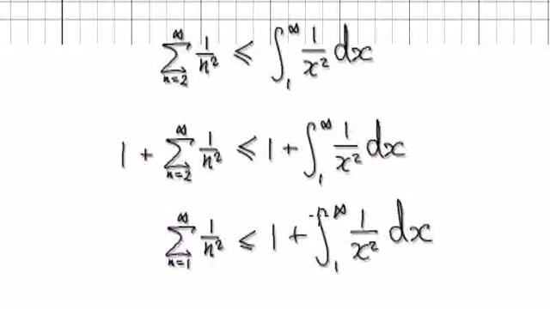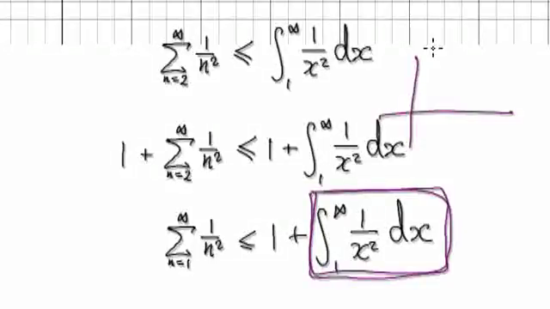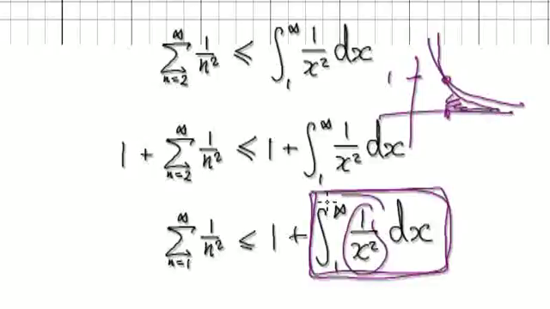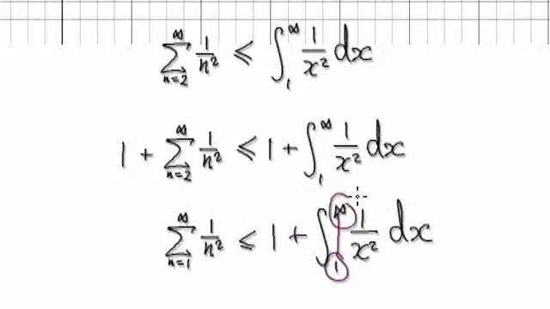We've done this many times in the past. You should be able to recognize that this thing here will converge. 1 over x squared will look like this, and this thing here will converge from 1 to infinity.